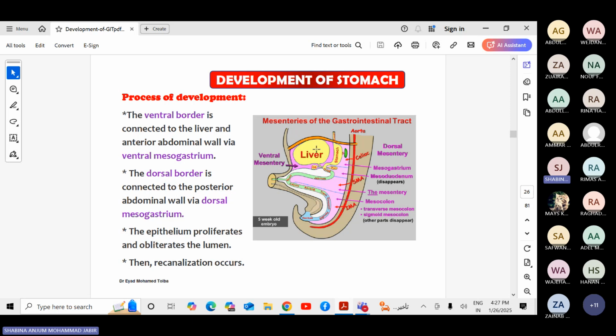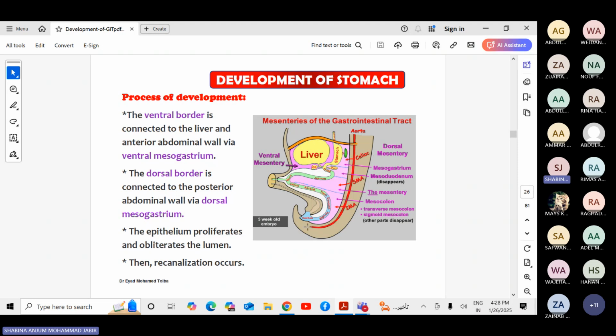But suddenly at the fifth week, it will start growing much faster. And what is developing in the dorsal mesogastrium? There we find the developing spleen and kidney, attached to the posterior abdomen.